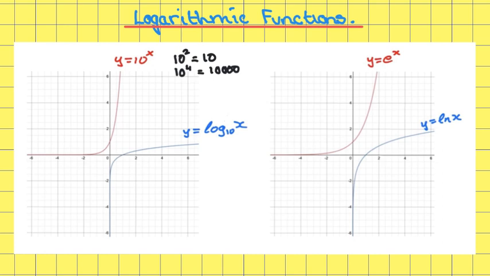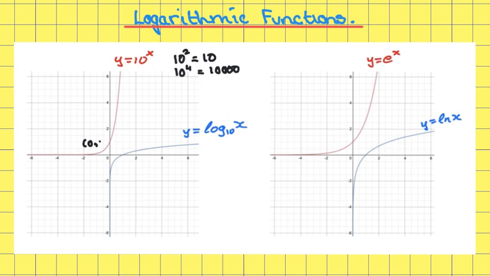If you follow the graph, it looks like there might be a horizontal asymptote, but there isn't. As x gets larger and larger and larger, y will get larger and larger and larger, but it will just get there very slowly.